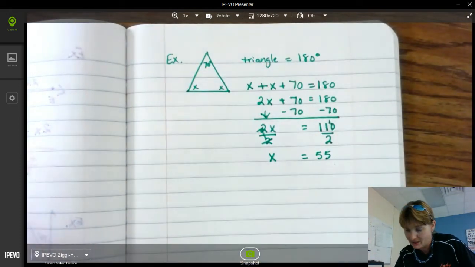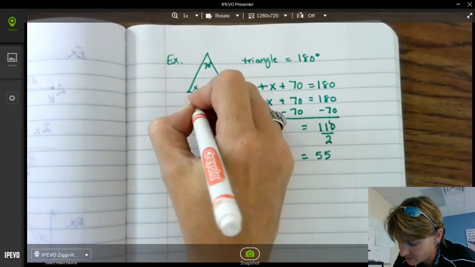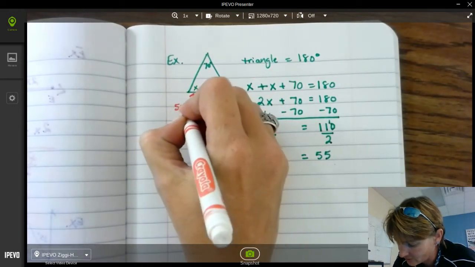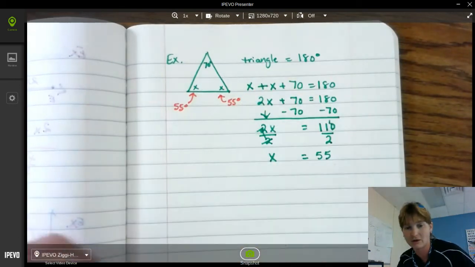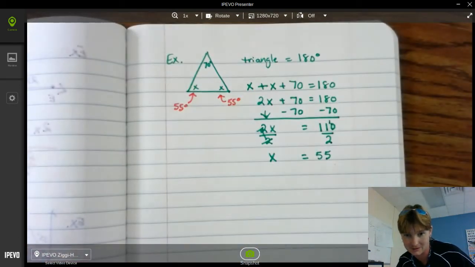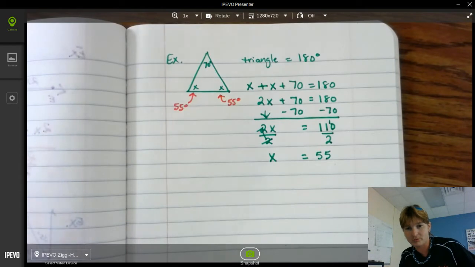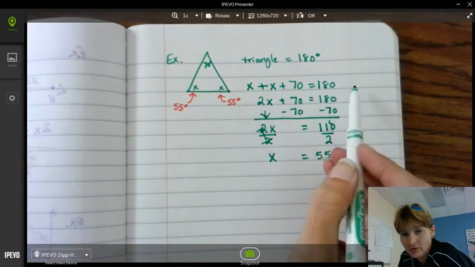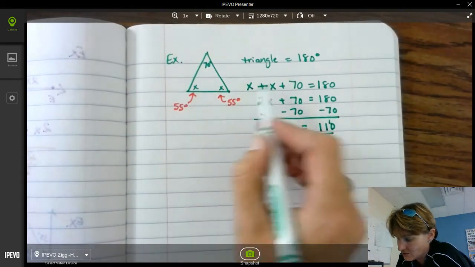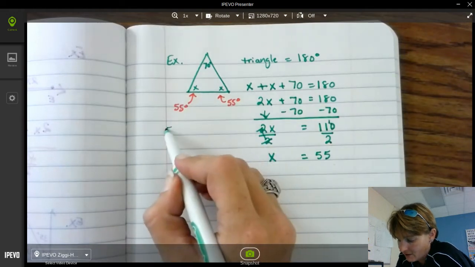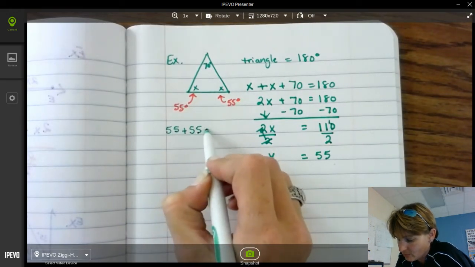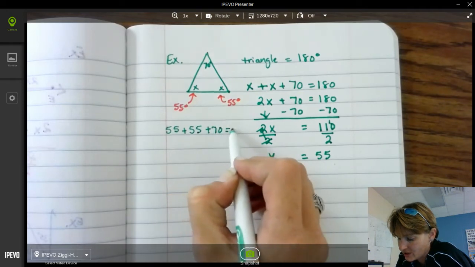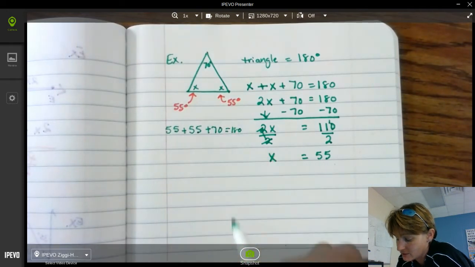That means that this x equals 55 degrees and this x equals 55 degrees. They are both the same x's. All right, you can plug in and solve. So into this original one, I would have 55 plus 55 plus 70 should give me 180 degrees.